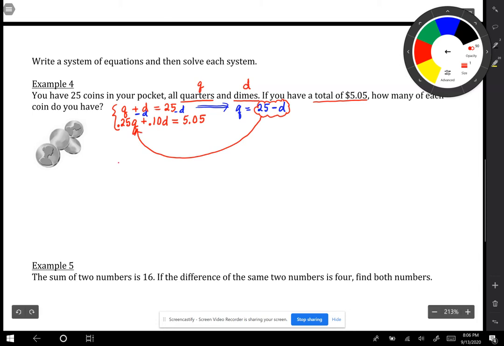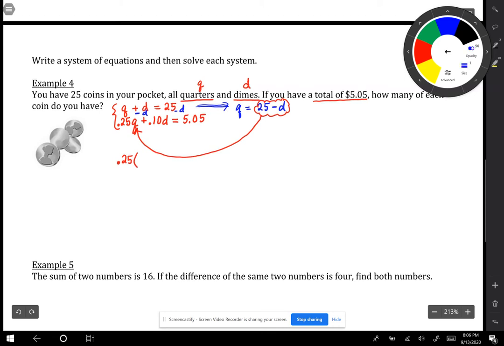So we have 0.25 times 25 minus D, close your parentheses, and then do plus 0.10D equals $5.05. Okay, now we're going to distribute 0.25 times 25 is 6.25. I'd use a calculator here so you don't make mistakes. Minus 0.25D plus 0.10D equals 5.05.